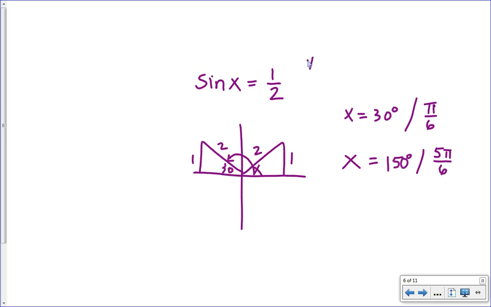I should have mentioned that x is going to be between 0 and 2 pi. Usually it will have some sort of interval like this with the question, so that you know how many solutions you're supposed to give. Because I could keep spinning around this circle and give another answer and another answer, because I could end up back in quadrant 1 and back in quadrant 2 and then spin around again.